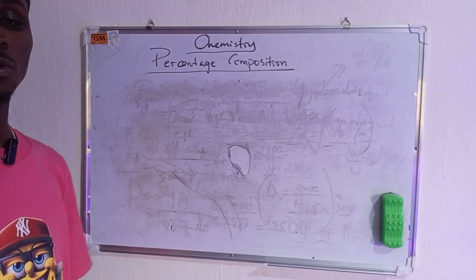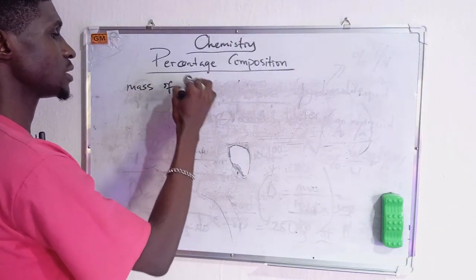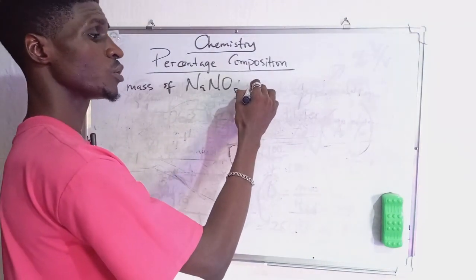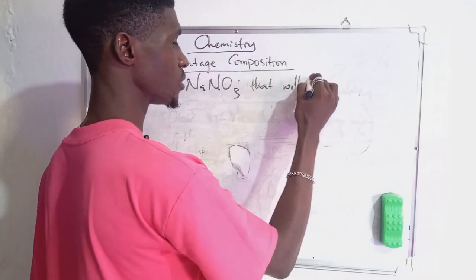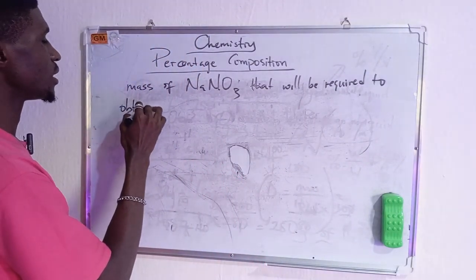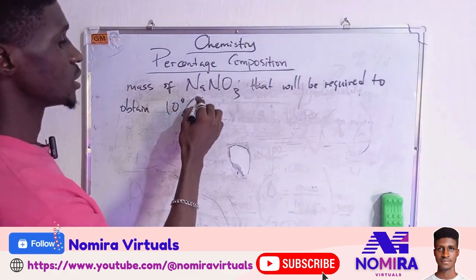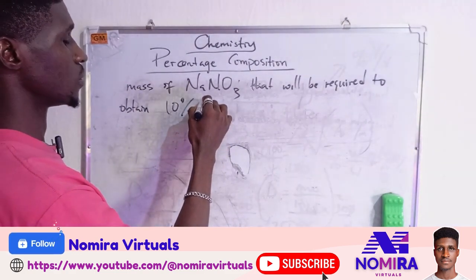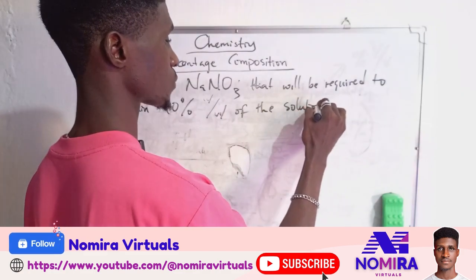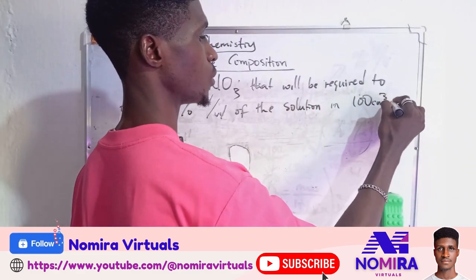Let's say you are asked to find out the mass of, let's say, sodium nitrate salt that will be required to obtain, let's say, 10% weight by weight of the solution in, let's say, 100 cm cube of water.